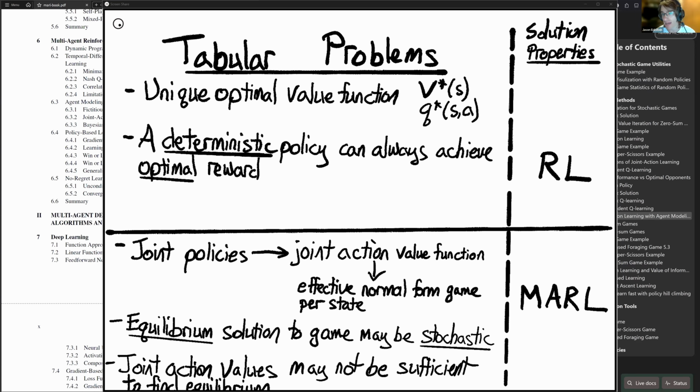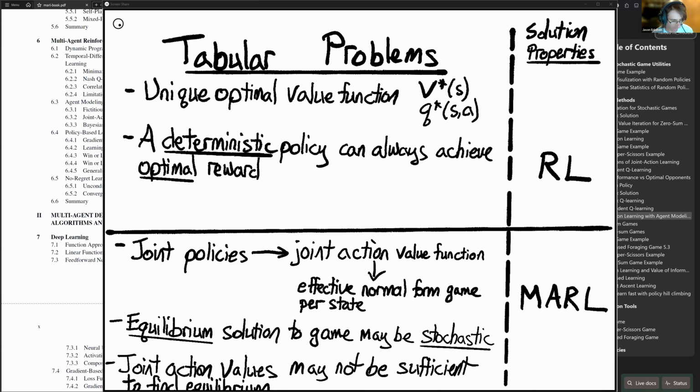And then that action value function, this grid of values in every state, will effectively be a unique normal form game for that state. You could think of it as playing a game in this state with these values, but the values are actually accounting for all the future transitions and all the rewards you get in the future.